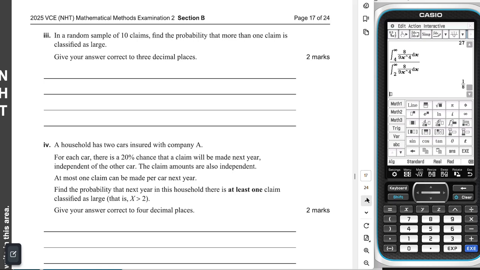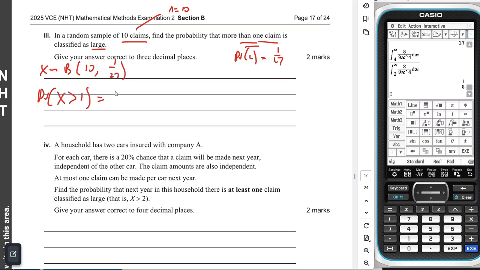Part 3, a random sample of 10 claims, so n equals 10. Probability that more than one claim is considered large. We've now moved into binomial, and the probability of large from the previous page is 1 on 27. So X is now binomial, 10, 1 on 27, and we want more than one claim. Probability that X is bigger than 1 equals the probability that X is bigger than or equal to 2, which will equal binomial CDF from 2 to 10, 10, and 1 on 27.